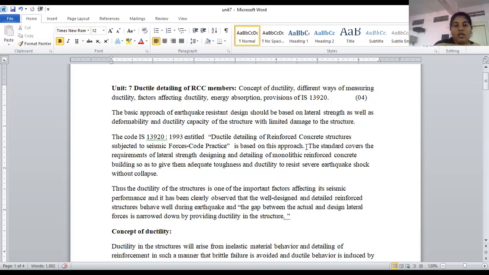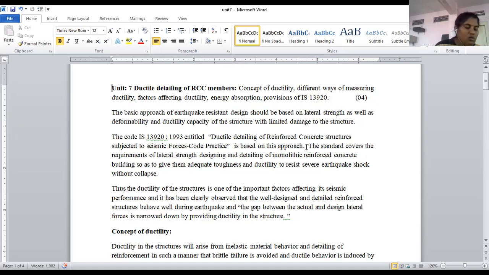As far as your online examination, an MCQ will be asked to you based on this IS code also. For ductile detailing of RCC members, which IS code is used? You should know that the IS code is IS 13920 1993, which, as the name implies, is ductile detailing of RCC members subjected to seismic forces, and the code practice is based on this approach.